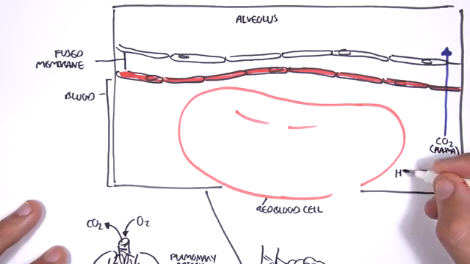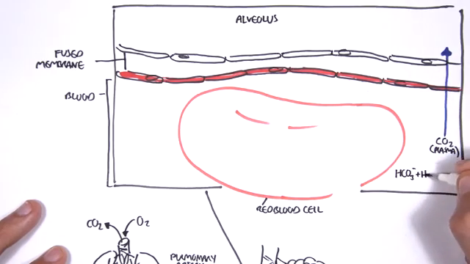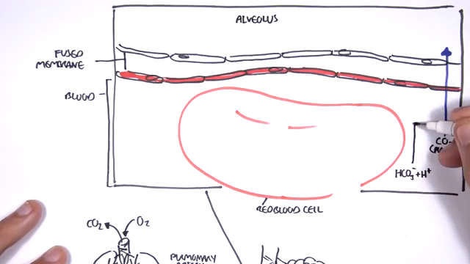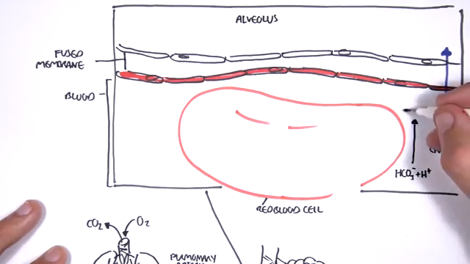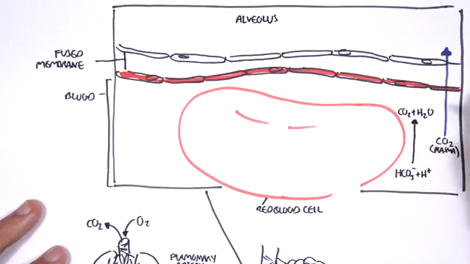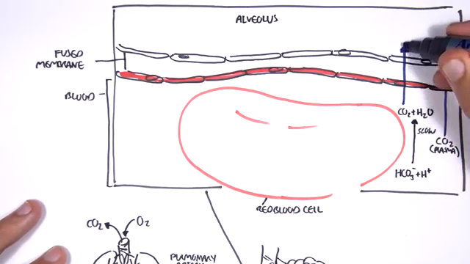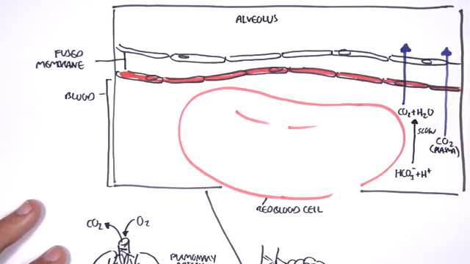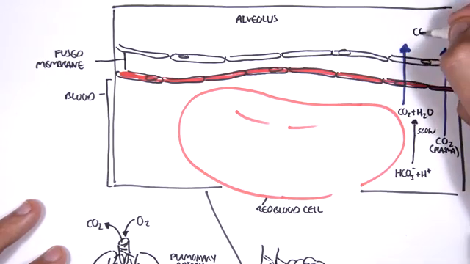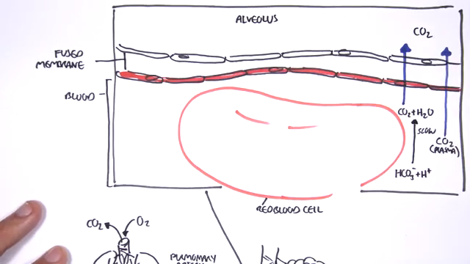A majority of the carbon dioxide is actually transported, if you remember, in the blood as bicarbonate. And so this bicarbonate can react with hydrogen ions in the blood and through a slow process form as an end product carbon dioxide and water. The carbon dioxide can then just enter the alveolus.